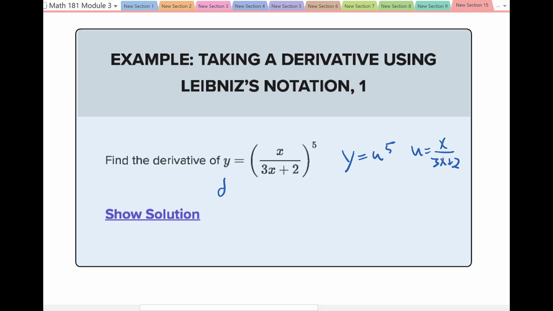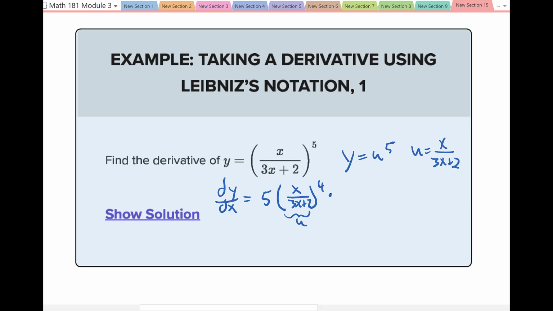So dy dx would be looking at the derivative of y with respect to u, and that is 5 times something to the fourth power. That something is u, so that's our x over 3x plus 2.